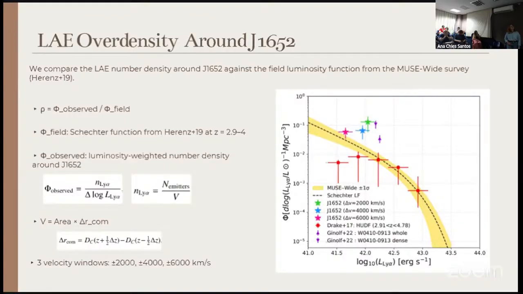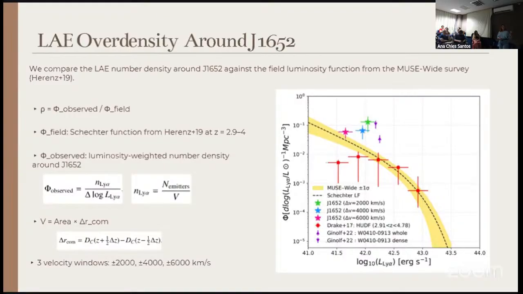I forgot the name of this letter, the observed one. So we can compare this value with the Schechter function from this paper, this yellow line here, and we can see that.